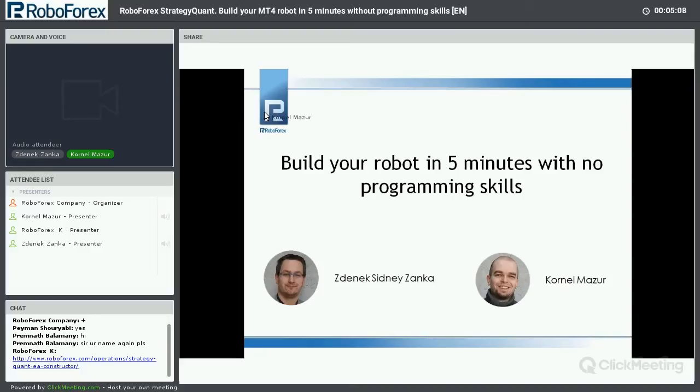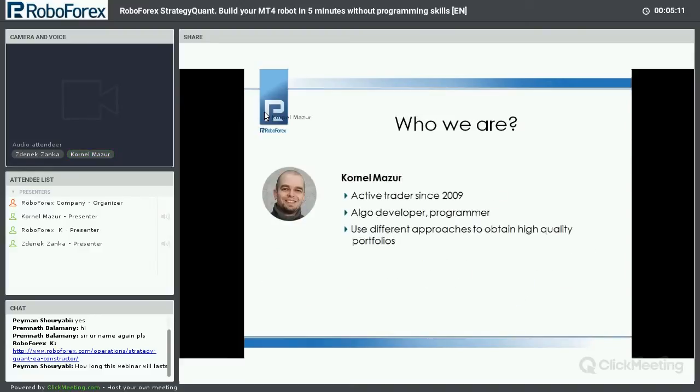So let me introduce myself. My name is Cornel Mazur, and I am an active trader since 2009. Previously, I had a career as an analyst. I worked for several national banks and did some statistical work. But then I saw some advertisement, and we started to discuss with our friends becoming more independent and starting to trade.